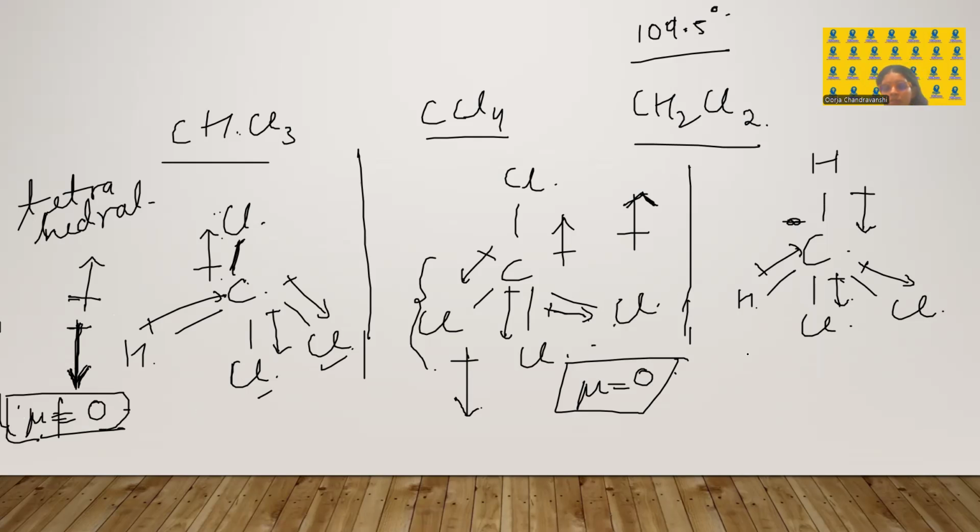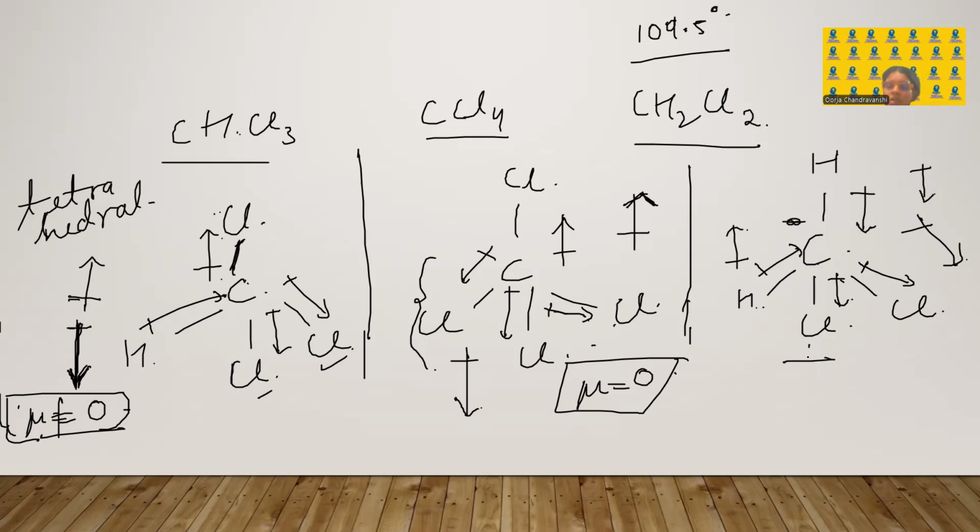What happens in case of CH2Cl2? Two of my chlorine atoms are coming downwards, and to it my hydrogen is also contributing. And a partial of this one, the carbon and hydrogen bond, is going in the up direction and slightly cancelling.